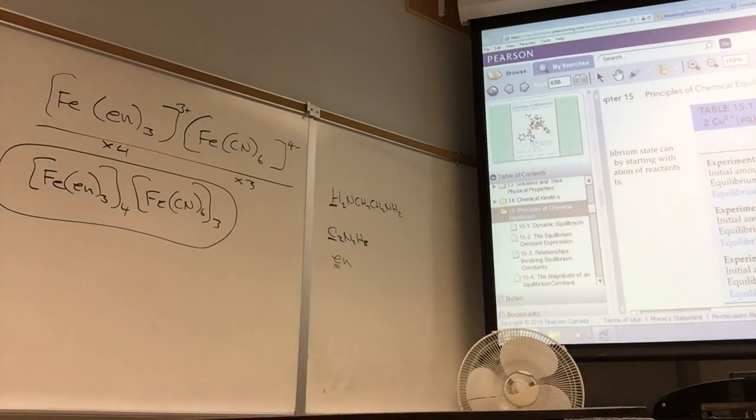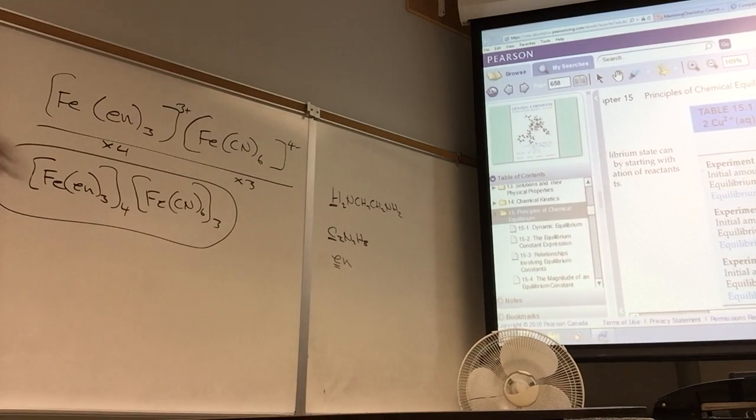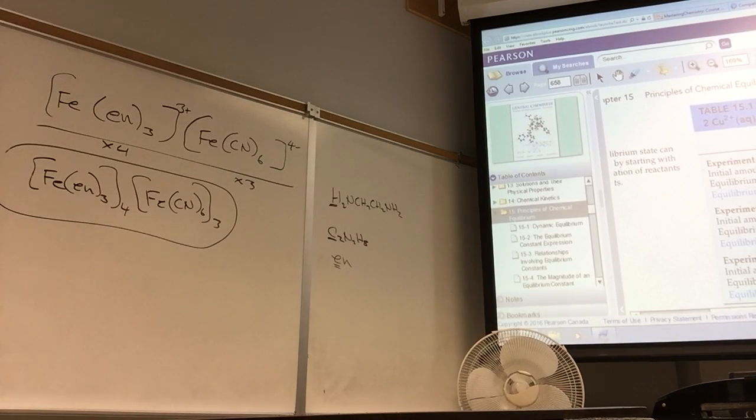Let's take a look. And so I'm going to write this table. This is table 15.1. If we approach this by Chem 1A, this is what we'd have. This is setting up the stoichiometry problem a little differently.